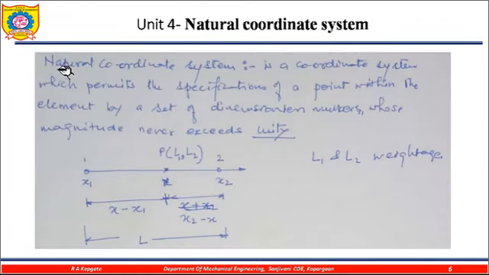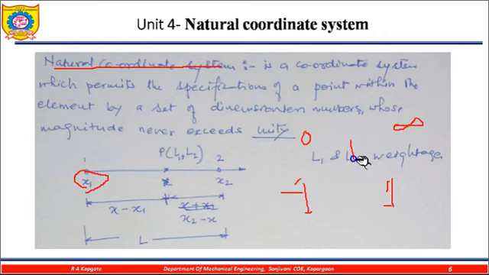Now let us move on to the natural coordinate system. This we have already studied in unit number 3, the conversion of my global coordinate system into a natural coordinate system. Natural coordinate system is moving from -1 to 1, while the global coordinate system is moving from 0 to infinity.